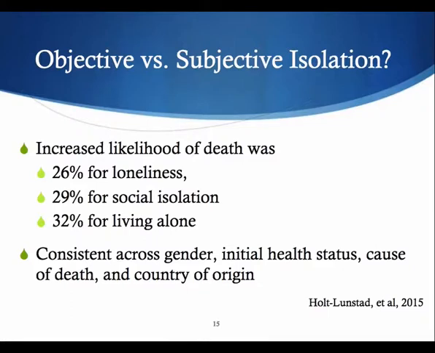What we found was that loneliness, social isolation, and living alone each significantly predicted risk for premature mortality and did so equivalently. I think that's rather remarkable, that both objective and subjective isolation are important and equivalently predict risk. And this was consistent across gender, initial health status, cause of death, and country of origin.